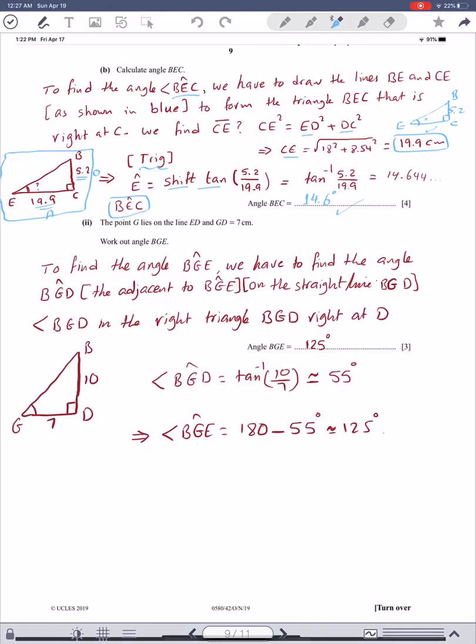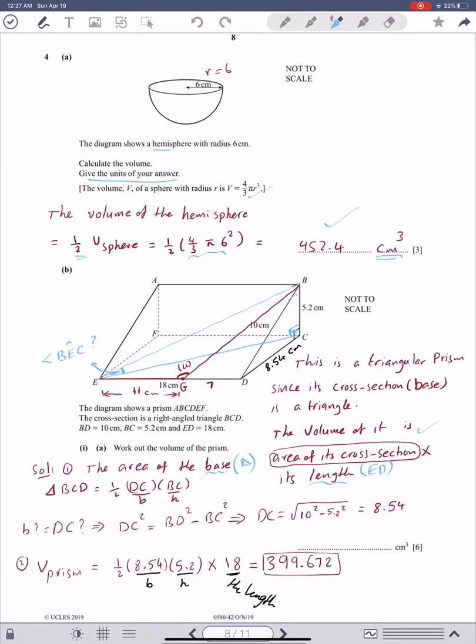Work out the angle BGE. So the question said there is a point G here, like I drew for you, that GD is 7 centimeters. So GE is 11 centimeters. He wants the angle here that I labeled for you. This is the angle BGE.